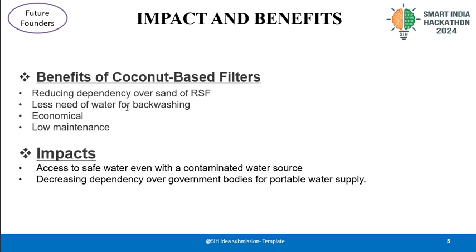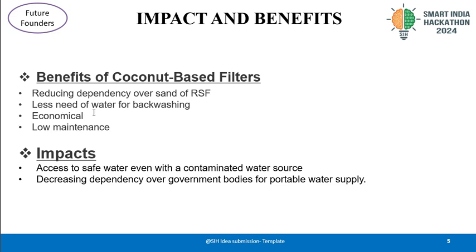Then impacts and benefits. Benefits of coconut based filters. The first one is reducing dependency on sand in the rapid sand filter. As we have already discussed, there is a scarcity of sand resources, and therefore coconut based filters can be an excellent solution and a great alternative to sand.